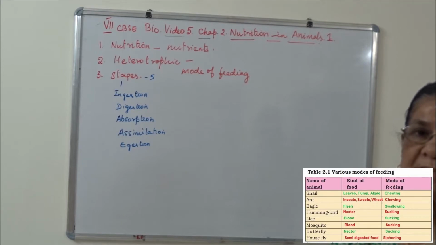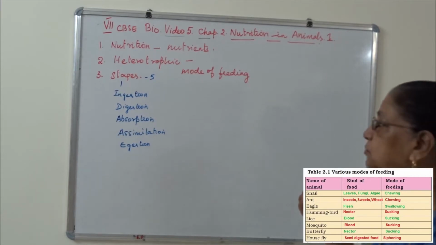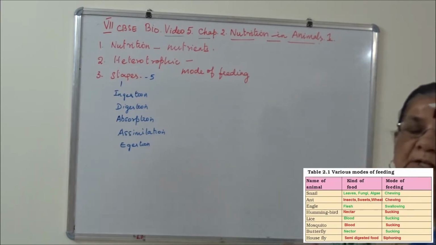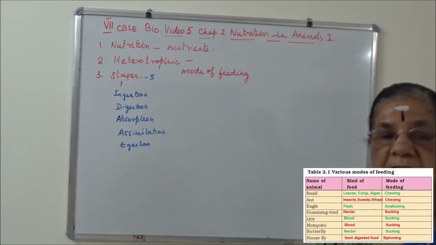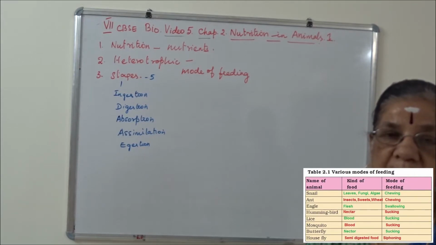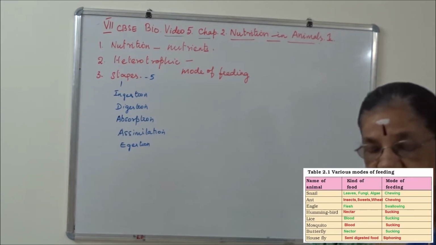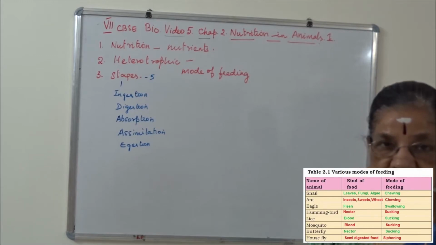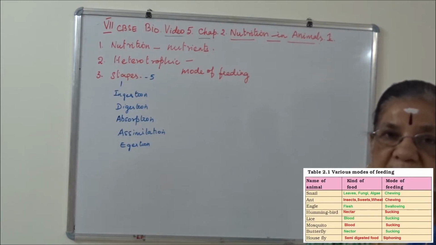That synthesis is assimilation. And after assimilation, the undigested food is sent out. That is egestion. We will go through these processes in detail, and then we will learn the digestive system in humans in this video session.